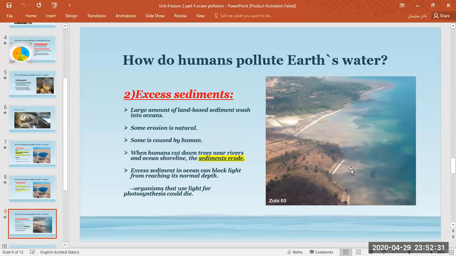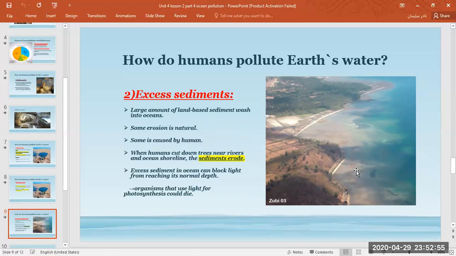Then what's the effect, or the negative impact, of these sediments that will go to the ocean? Excess sediment in the ocean can block light from reaching its normal depth. Okay, they make like a layer and they block enough sunlight to reach their normal depth.